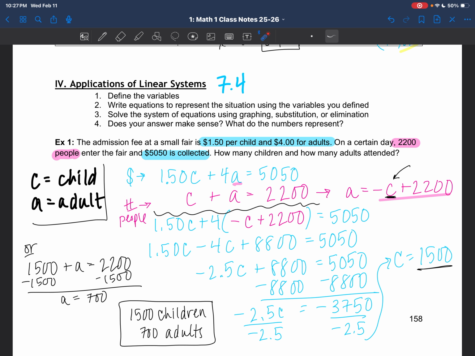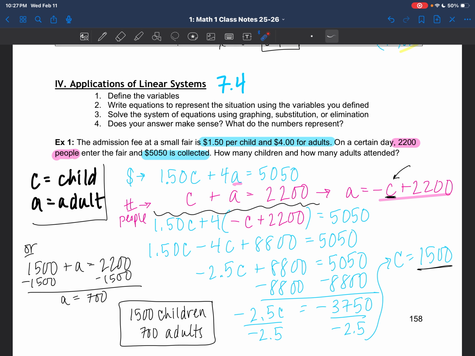So I did $1.50 per child and $4 for adults, and I know those two are going to equal the cost of $5,050. Now let's look at people. For the number of people, it just gave us this number. But don't the people include children and adults? So children plus adults equals 2,200 people.